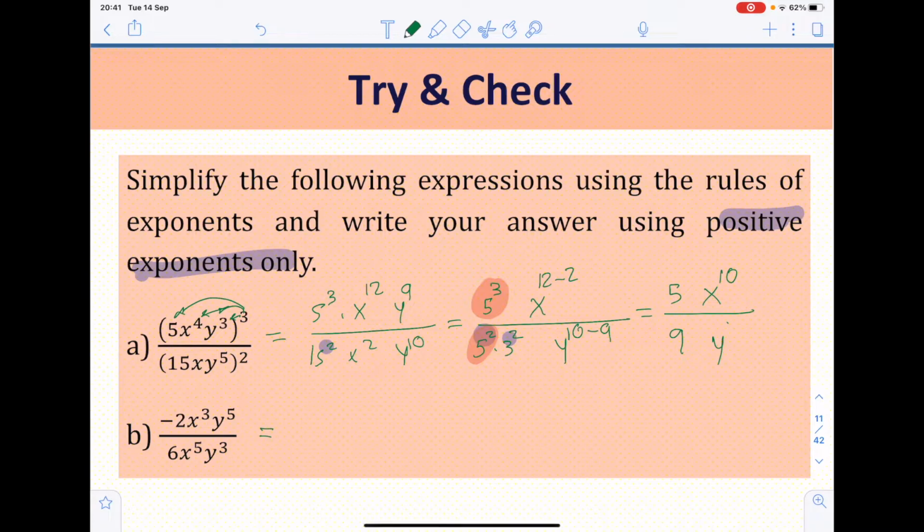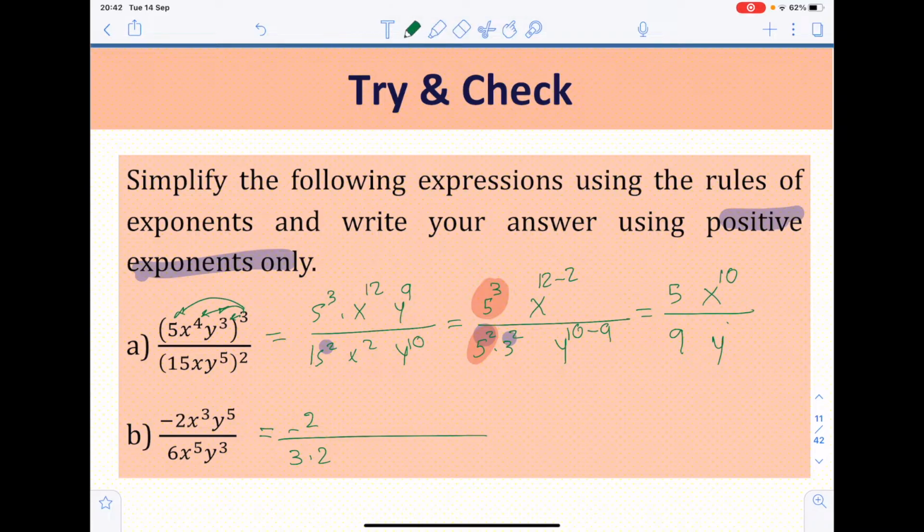Okay, second one, I have negative 2. And 6, I can write 6 as 3 times 2. Then x, I will subtract x down because it is larger. So this would be x to the power 5 minus 3.